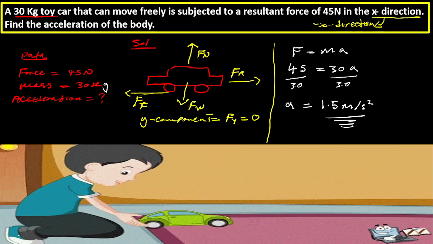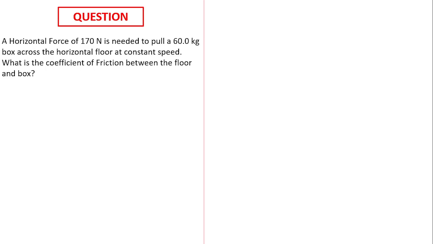The question is saying a horizontal force of 170 Newton is needed to pull a 60 kg box across the horizontal floor at constant speed. So that's what we have been given.